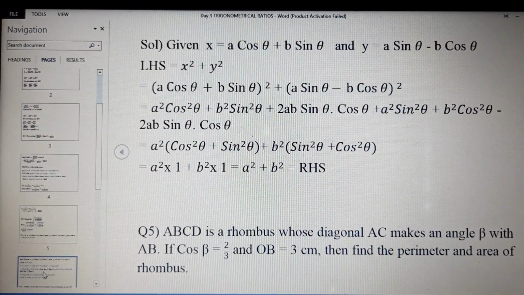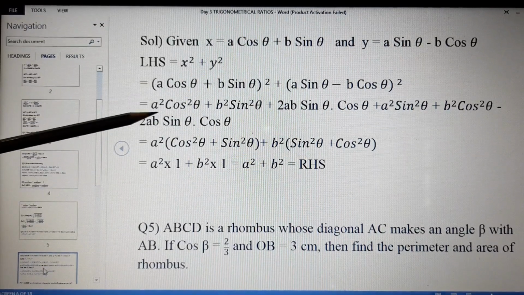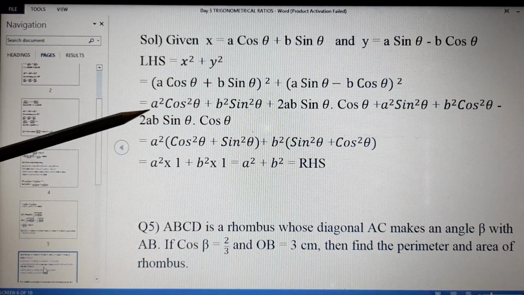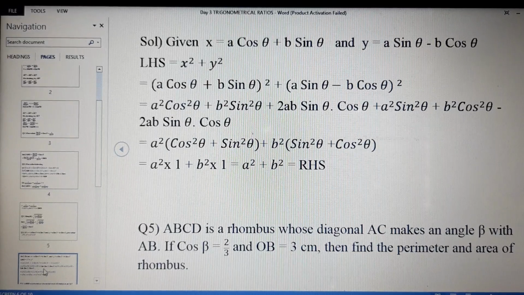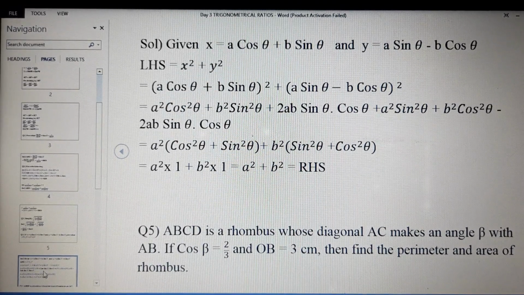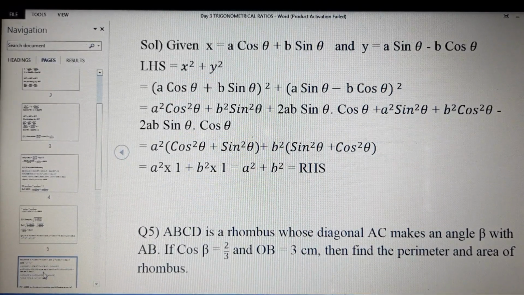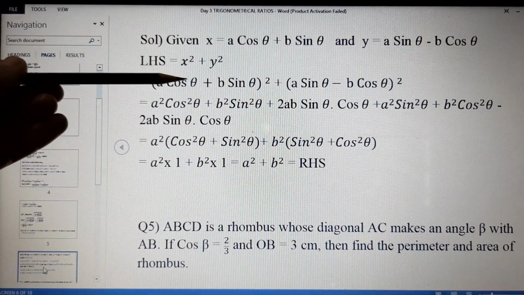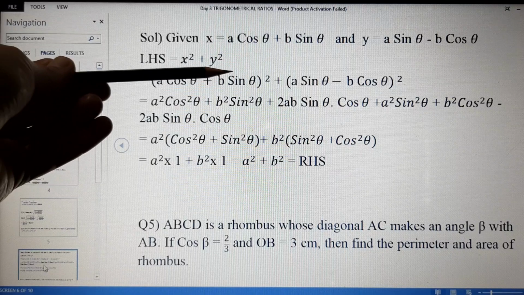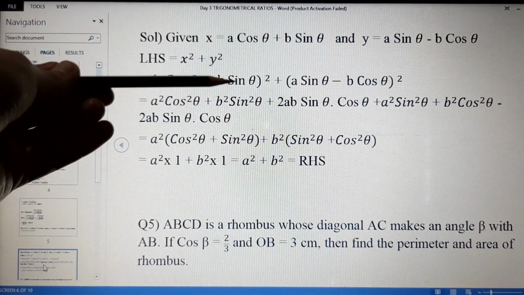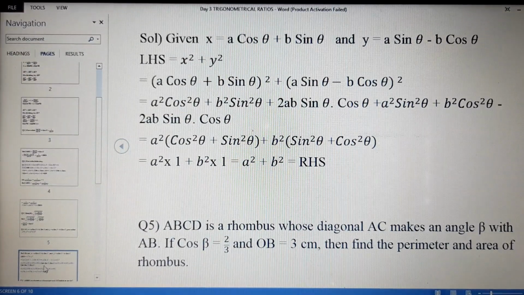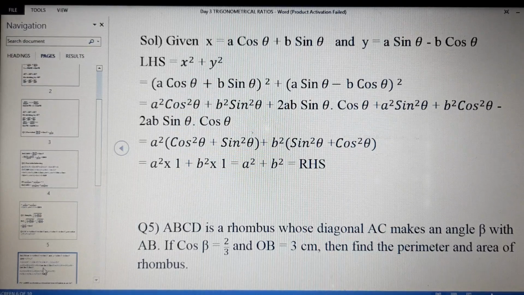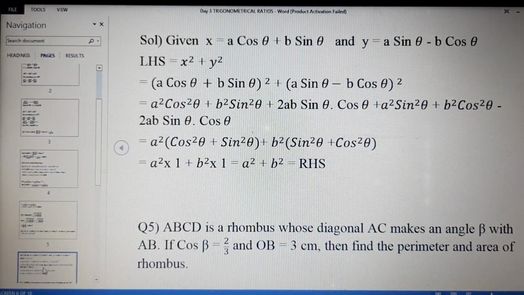So a square plus b square plus 2ab. When we write a square, then a square cos square theta. A will also be squared, cos will also be squared, because a cos theta, both the things together, is the complete a. So a square cos square theta plus b square sin square theta plus 2 into a, where a is a cos theta, into b, where b is b sin theta.